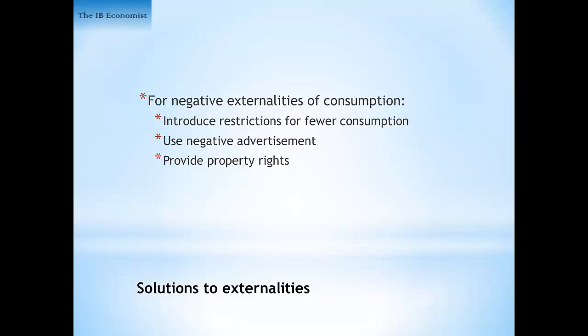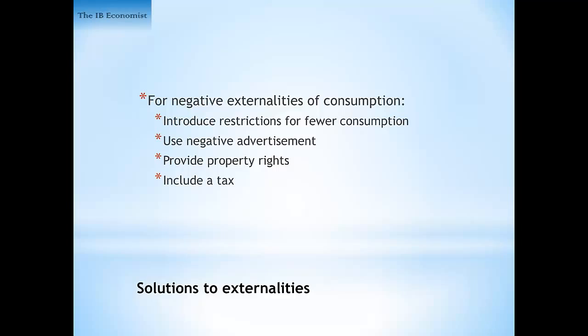Now, the solution where I was telling you about introducing restrictions for smoking was also an example of a provision of property rights. By saying that smokers cannot smoke in restaurants, we actually are providing property rights to non-smokers. Non-smokers now have the right to go to a restaurant and breathe smoke-free air while they're having a meal.